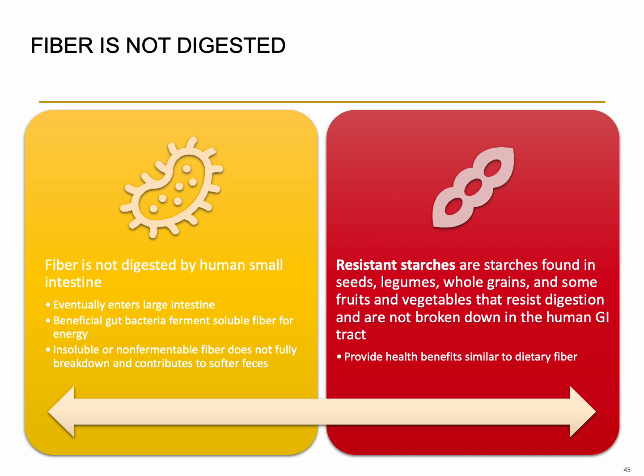Resistant starches act kind of like fibers. There are starches found in some carbohydrate foods that resist digestion and are not broken down, just like fiber. There's some interesting research on resistant starches, where they are found in the diet and how they're formed.